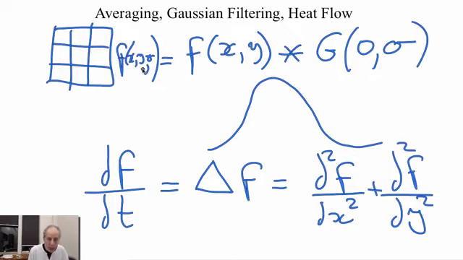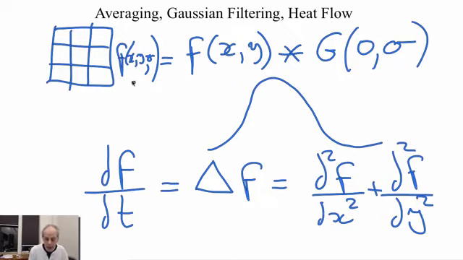Now, why did I write this? Because the Gaussian filter actually satisfies this equation. It's something very interesting, and it depends on the time. The more you let this diffuse is equivalent to having a larger sigma, a larger variance.